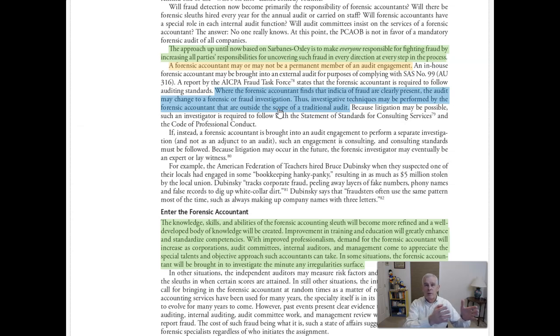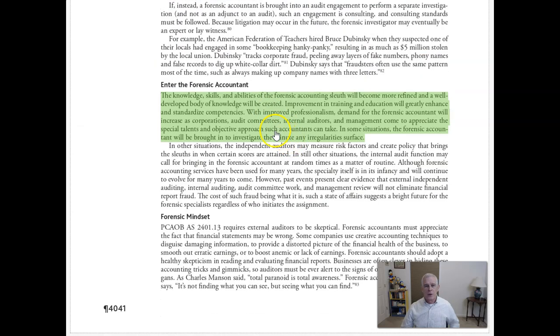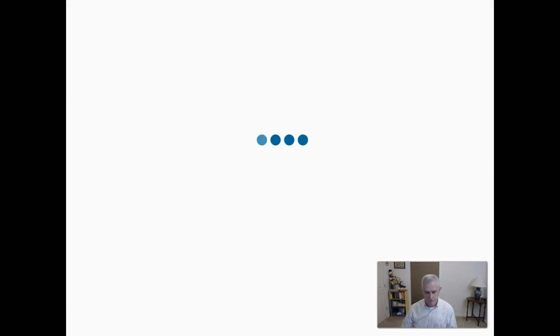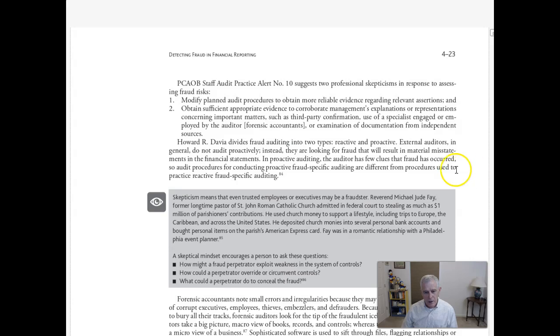Or you might have a separate investigation going on for the fraud while the annual audit procedures are happening. So this brings into play that the forensic accountant should be an important member of the financial audit team. Let's put it that way.